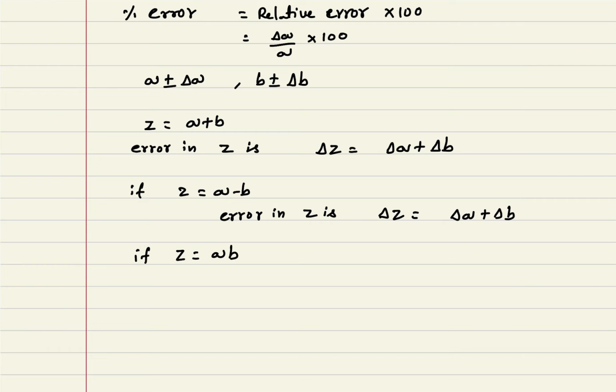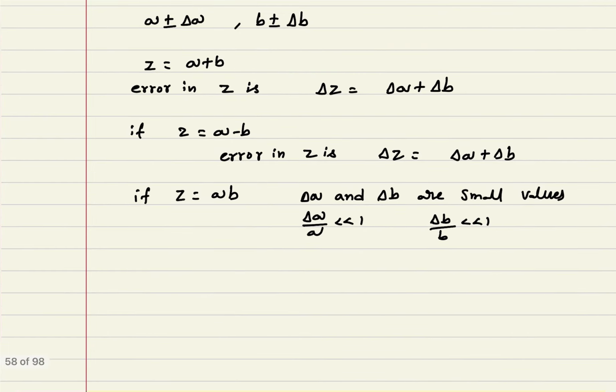Similarly, if Z is equal to multiplication, A and B, provided that delta A and delta B are small values. It indicates that delta A by A is very much less than 1, delta B by B is very much less than 1.